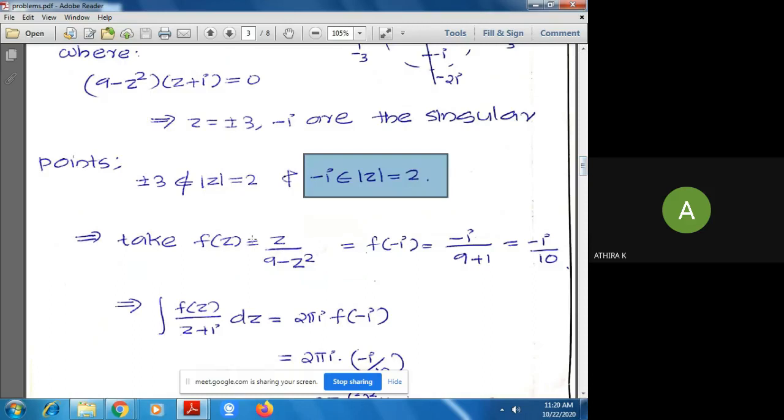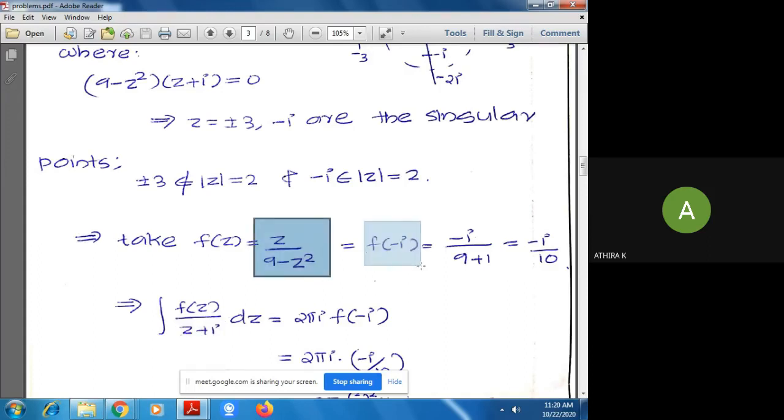Take f of z is equal to z divided by 9 minus z square. Fix z plus I in the denominator. This implies f of minus I is equal to minus I by 9 plus 1. This is equal to minus I by 10.